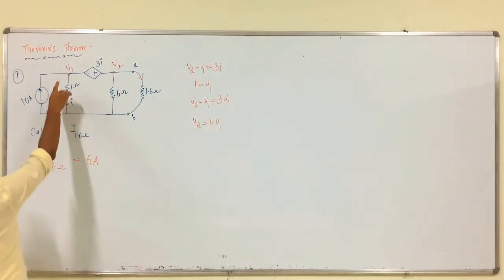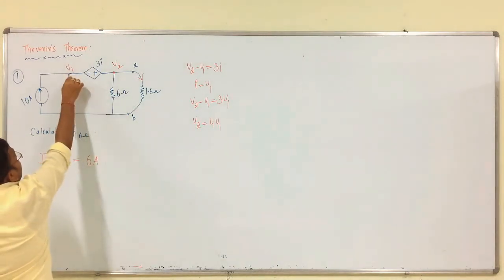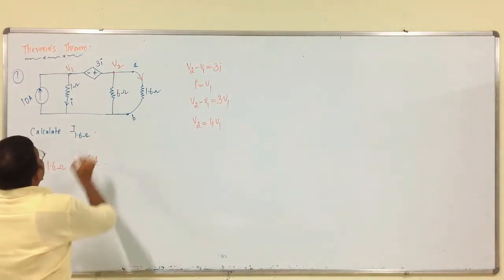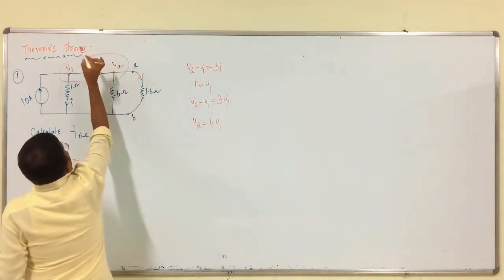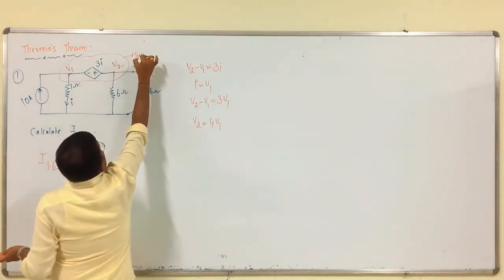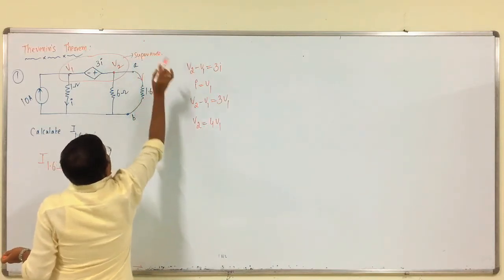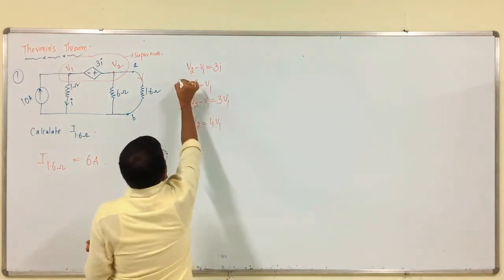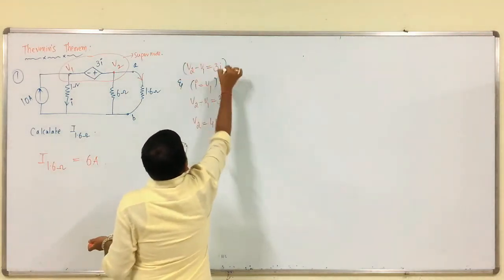See, we have two nodes, at this node we have a voltage V1, at this node we have a voltage V2. So this is nothing but a super node, right. Based upon that, V2 minus V1 equals 3I and I equals V1.